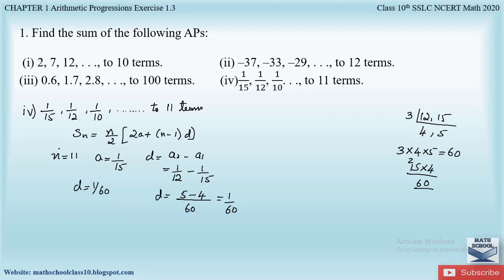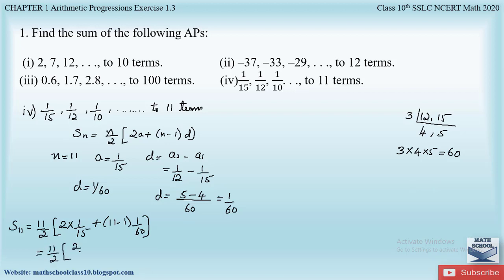Now let us substitute this value in the sum formula, which is given by S11 is equal to, what is n? 11 divided by 2 into (2 times a, that is 2 by 15) plus (n is 11 minus 1) into d, which is 1 divided by 60. So let us simplify this. 11 by 2 cannot be further simplified.